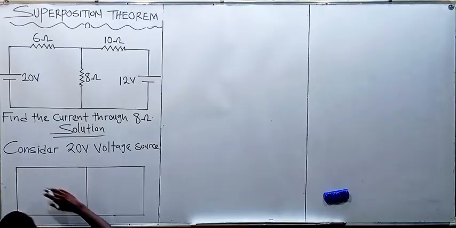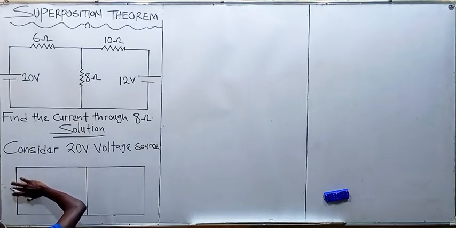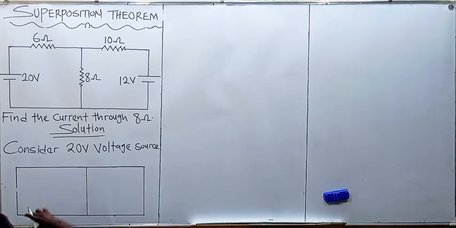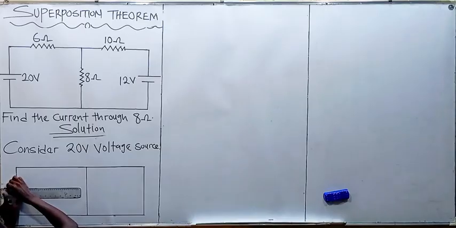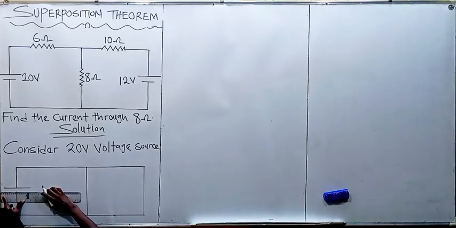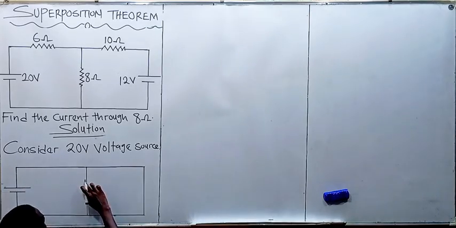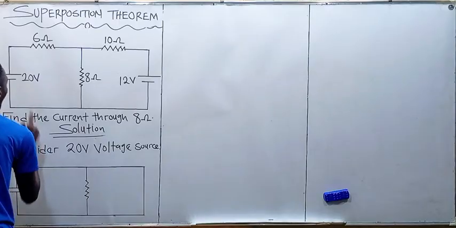All right, so we put our 20 volts here. Then our 8 ohms resistor, and then we are having 6 ohms.